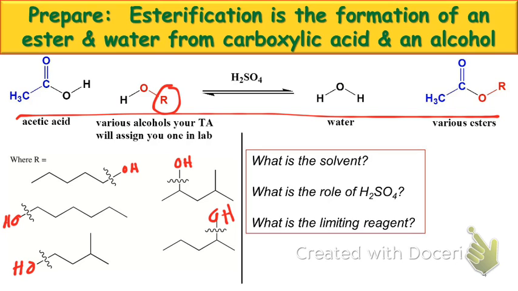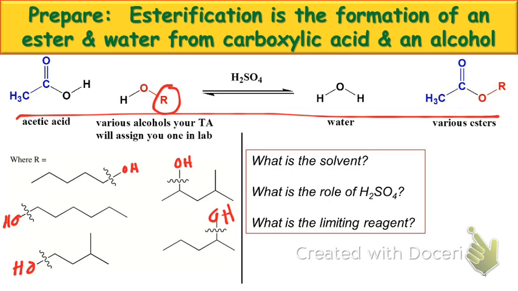So H2SO4 is not a bad option, except how much sulfuric acid are you using in this reaction? Not much at all. In fact, you're using 1 to 2 drops. What scale are we working in where 1 to 2 drops is going to dissolve everything? Probably not the greatest.